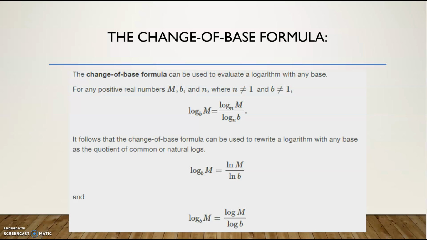If we have log base b of m, where n is not 1 and b is not 1, and m, b, and n are all positive real numbers, then we can take the log base n of m, and usually we would pick either 10 or e, divided by the log base n of b. Here would be using base e, and this would be using base 10. So either one, it doesn't matter. You can use both and it'll work out the same way.